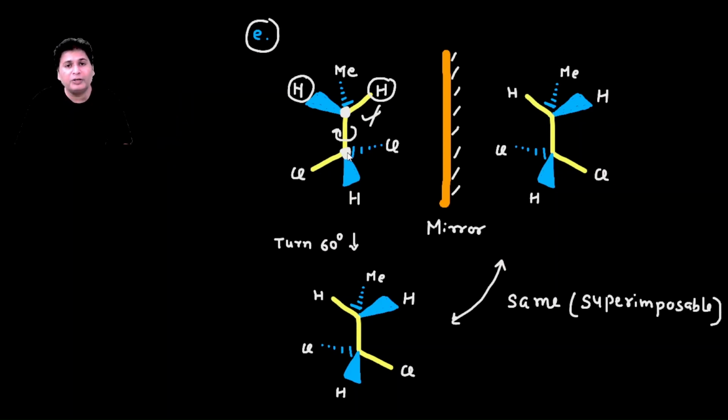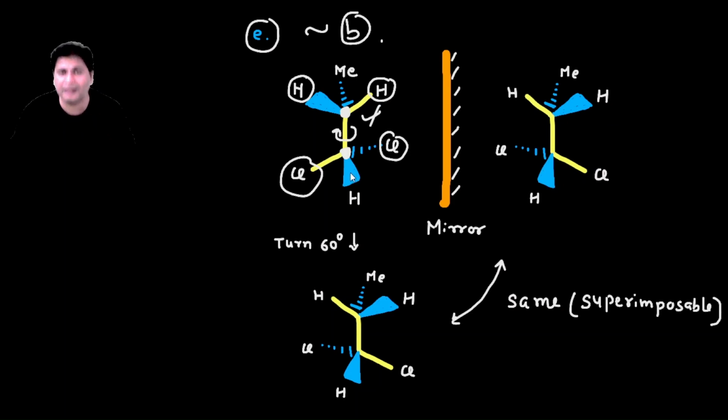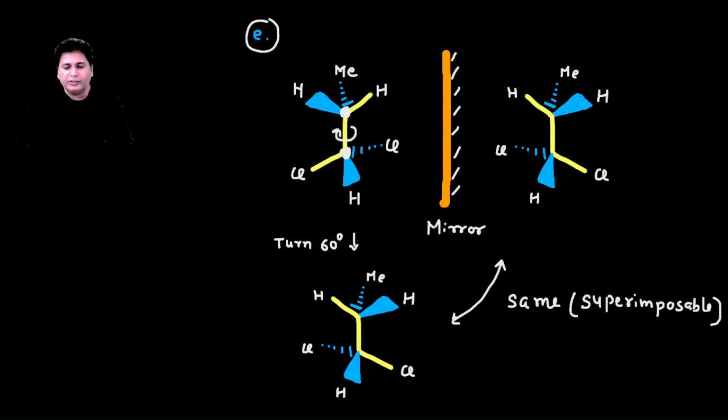If you see the bottom carbon, again it has 2 same groups, so again it is not chiral. So it is similar to case number B, where the compound does not have any chiral carbon. I have also drawn the mirror image, to let you know that the 2 are not superimposable.